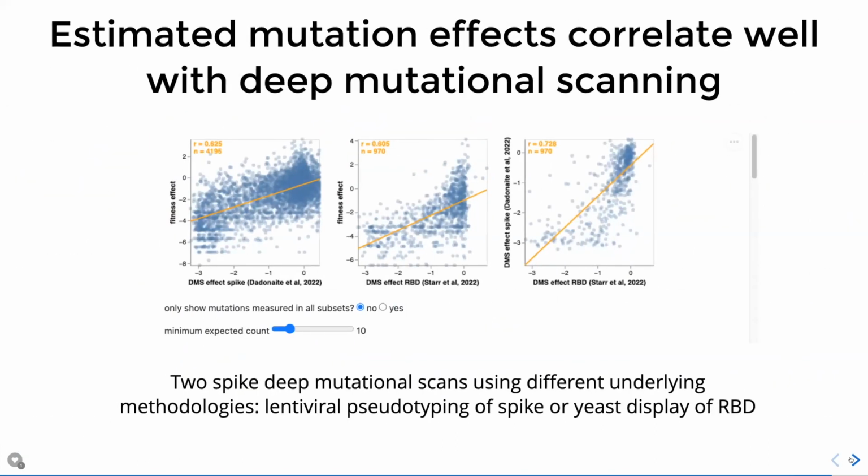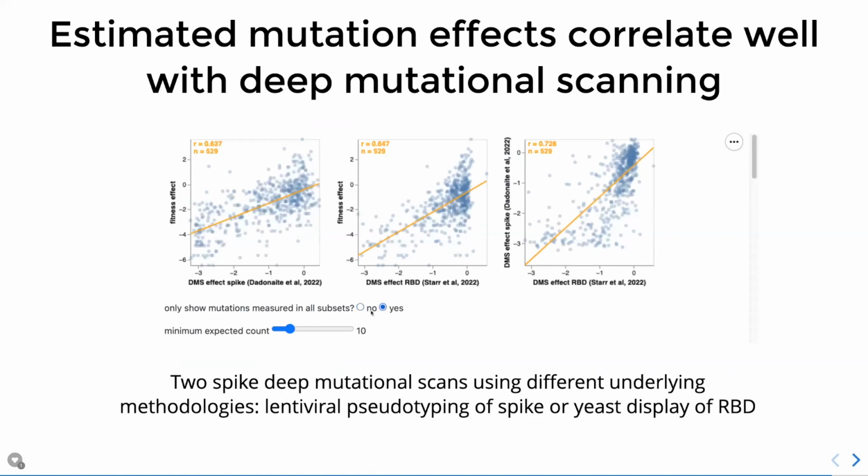And then finally, I'd like to note that these estimates that we can make from natural sequences correlate quite well with experiments. So here, I'm going to just show the common set of mutations. Our lab has done 2 different deep mutational scannings of SARS-CoV-2. One using a lentiviral pseudotype platform of the whole spike, and one using yeast-displayed deep mutational scanning of the receptor binding domain.